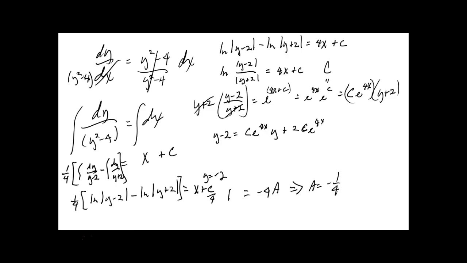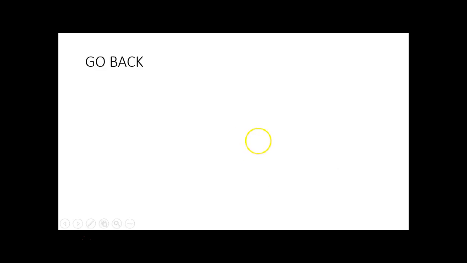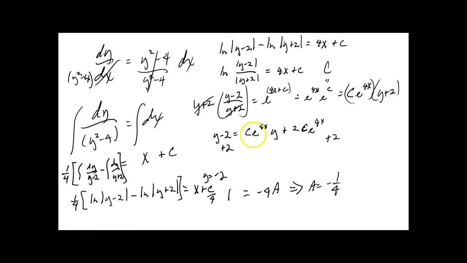Okay, I put them in odd order, but forgive me that. Now, let's get all the y terms on one side and terms without y's on the other side. So that means adding a 2 to both sides and subtracting C e to the 4x y from both sides.